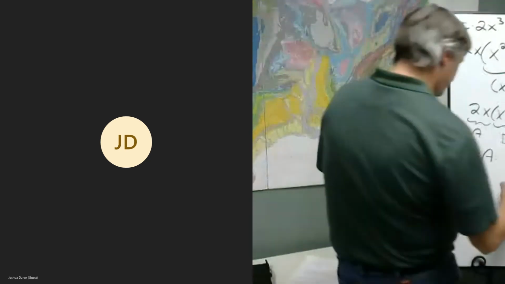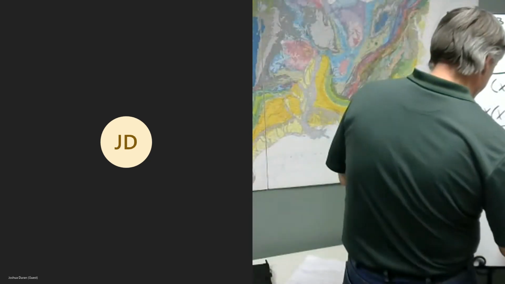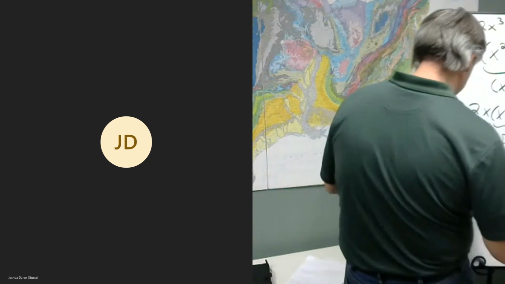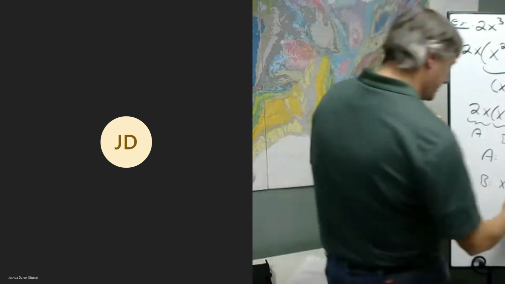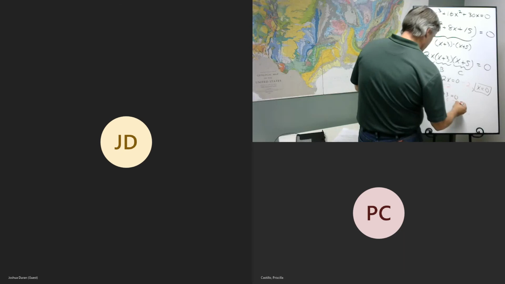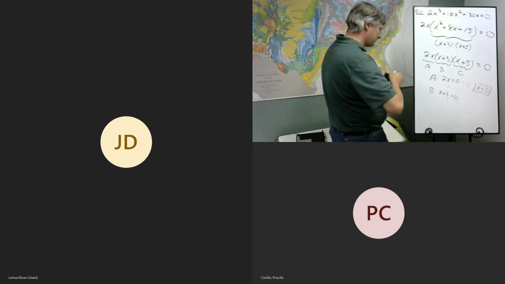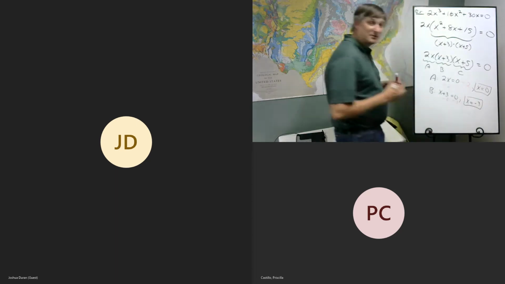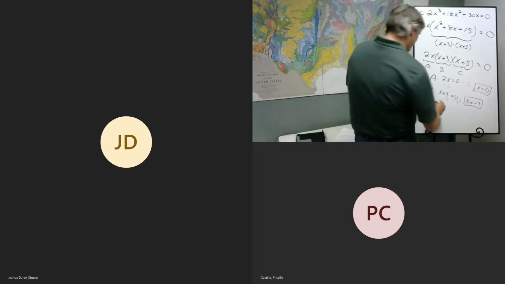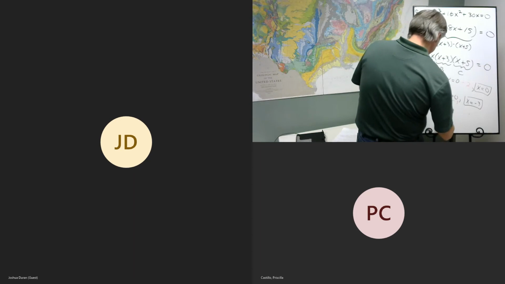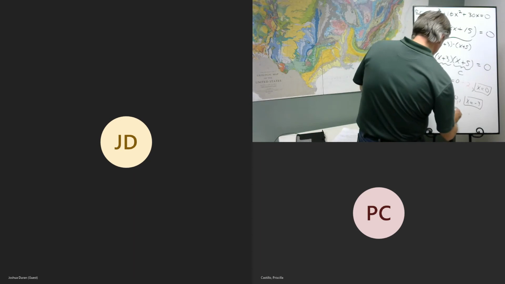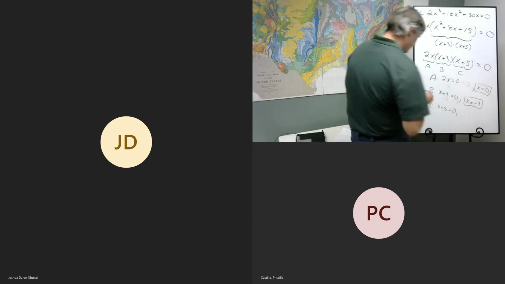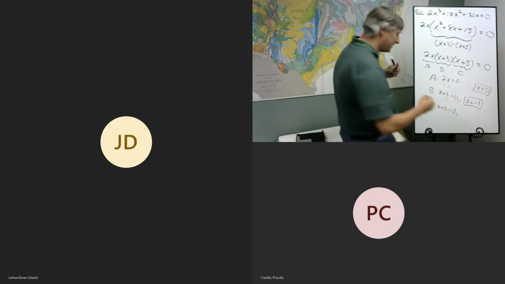Now for B, x plus 3 equals 0. Subtract 3 from both sides. X is negative 3. Then for C, I'll subtract 5 from each side.